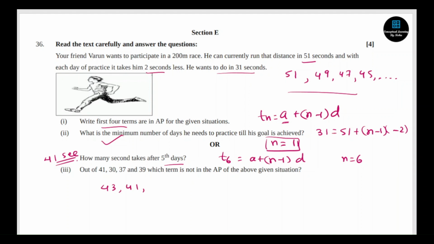Then if you subtract 2 more, what do we get? 39, 37, 35, 33, 31, and that's it. Now I can easily say 30 is not there. We have the remaining terms. This is not in the AP. Very easy question, right?